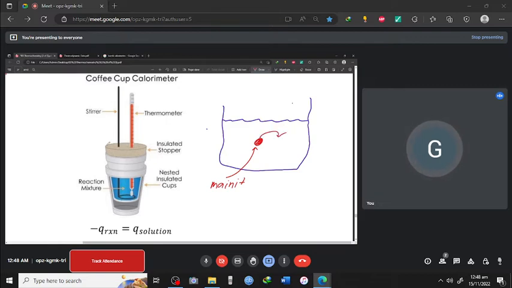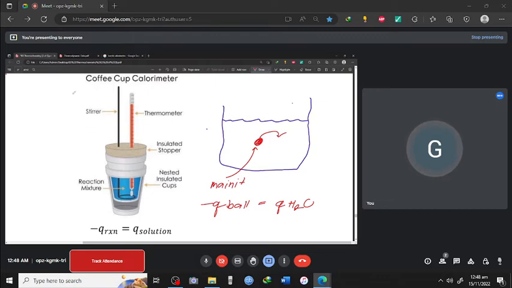So, pwede nating i-interpret tong coffee cup calorimeter as if na parang negative Q ball is equal to the heat of water. Kasi si water yung mag-a-absorb ng energy ni ball, kaya siya positive. And then, negative yung heat ni ball kasi siya yung magre-release ng energy. Okay? So, yun lang naman yung coffee cup calorimeter setup natin.